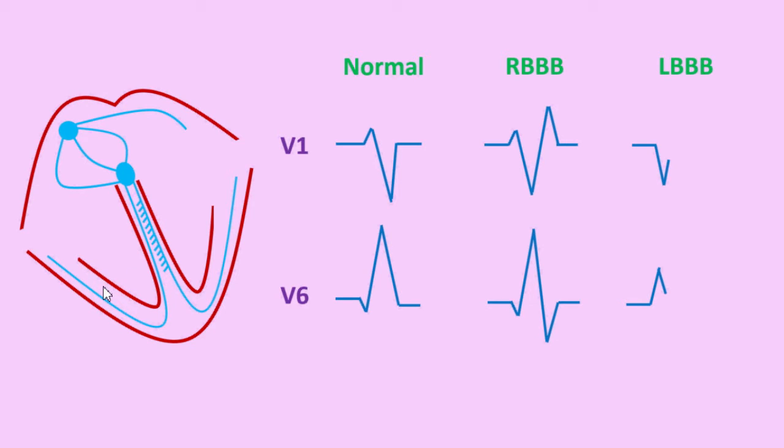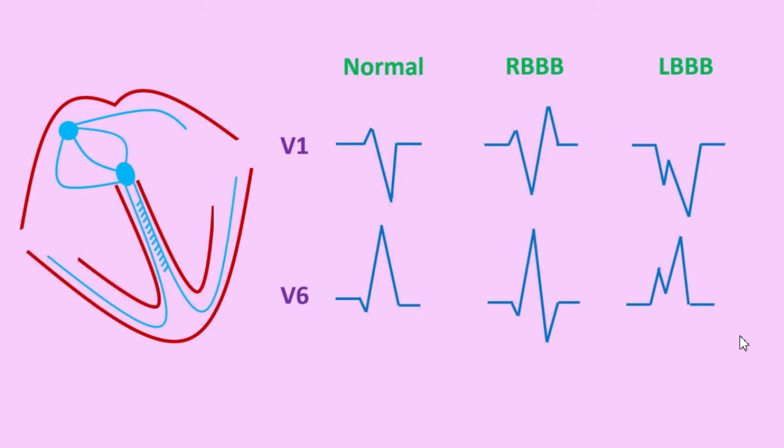Afterwards, we have our delayed depolarization of the left ventricle that proceeds from here towards our V6 electrode, causing a positive deflection in V6 and consequently a negative one in V1. And then afterwards, once again, we have both ventricles depolarized and we get our return to baseline.